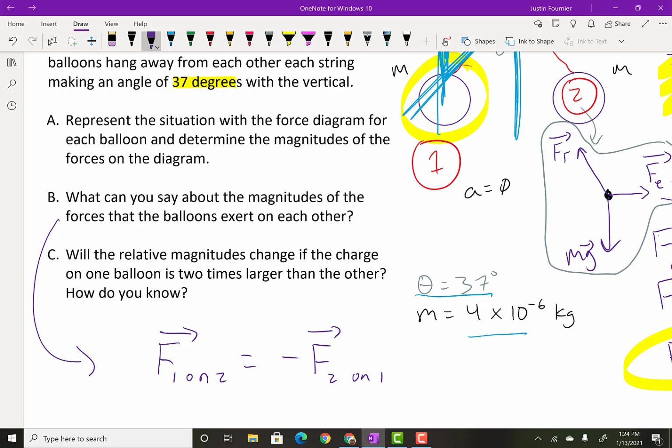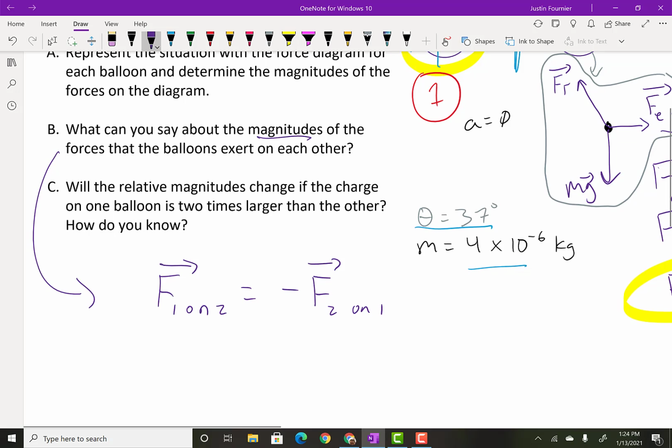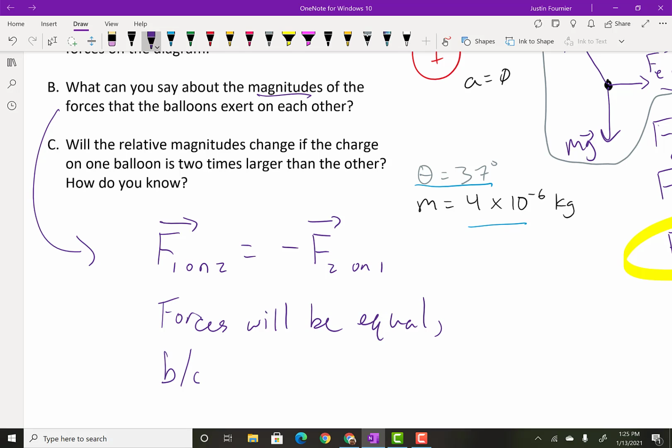So in other words, the magnitude of these forces should be equal, because this is an example of Newton's third law.